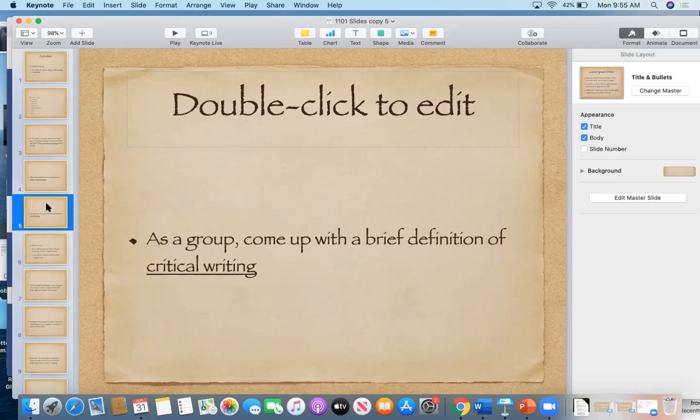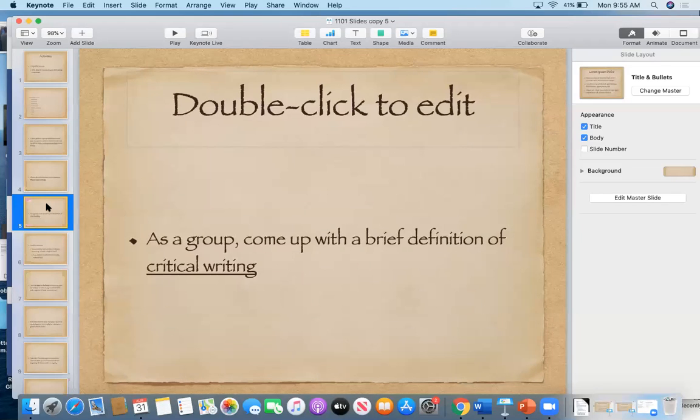But perhaps a more defined answer to the question, what is critical writing? Well, it involves not only important writing, but writing more in depth. It means maybe consulting outside sources and doing research and taking those sources and figuring out how you can fit in there.